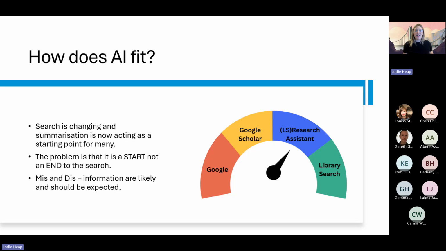Okay, so how do I propose that AI fits into evaluation and accessing of information? Ultimately, I would suggest that it is a stage between Google Scholar and a dedicated database.